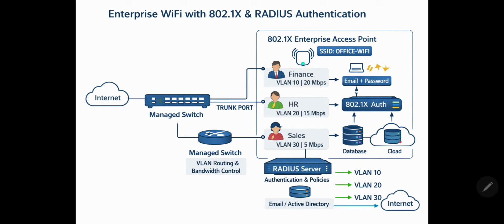Okay, here I will give you the topology of what we can make. In this case, your employees can access the Wi-Fi in your office just using their email, and it makes us secure.